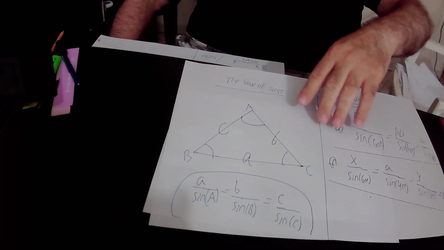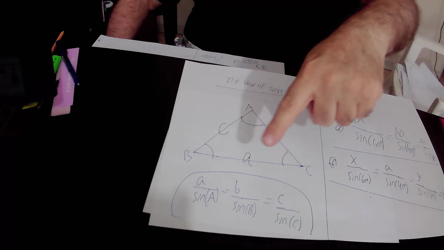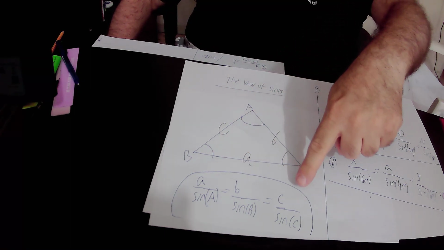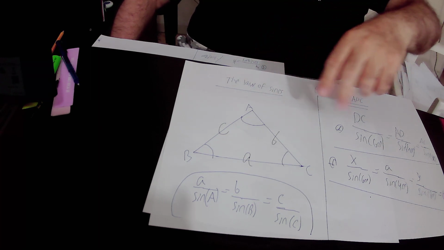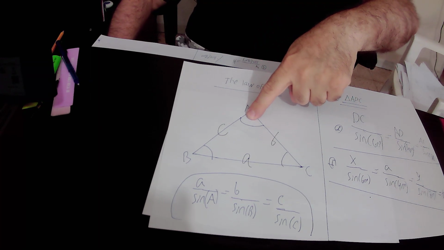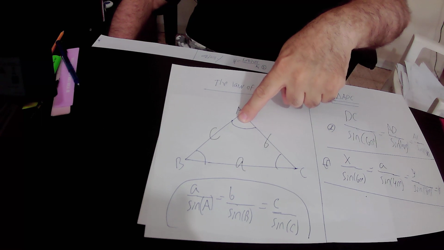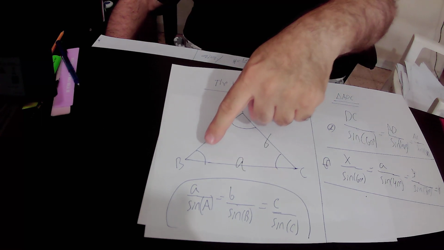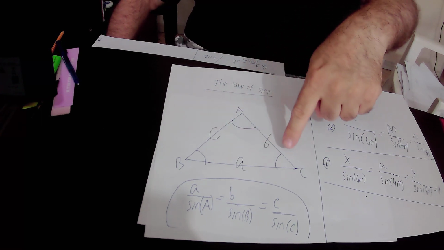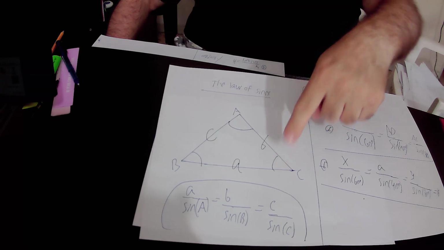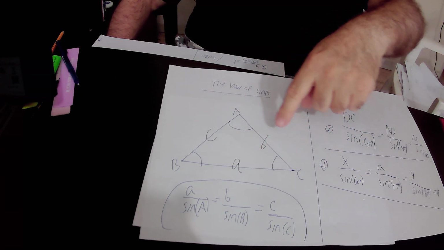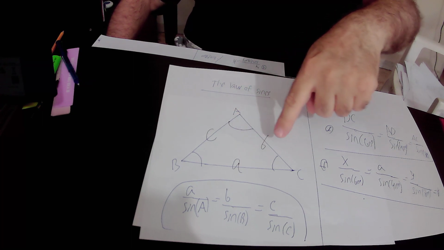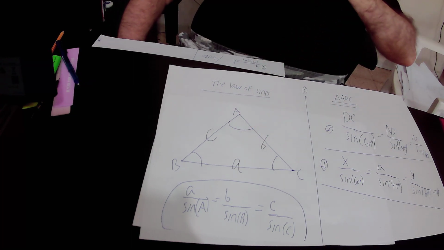Then according to the law of sines, we get that A over sine A equals B over sine B equals C over sine C. Here capital A, capital B, and capital C are the sizes of the angles: the size of this angle is capital A, the size of this angle is capital B, and the size of this angle is capital C. And A, B, and C are the lengths of the sides of the triangle ABC.